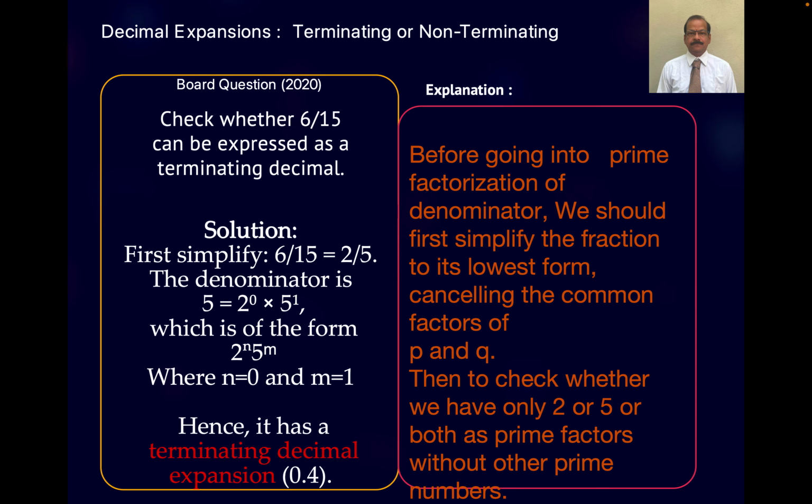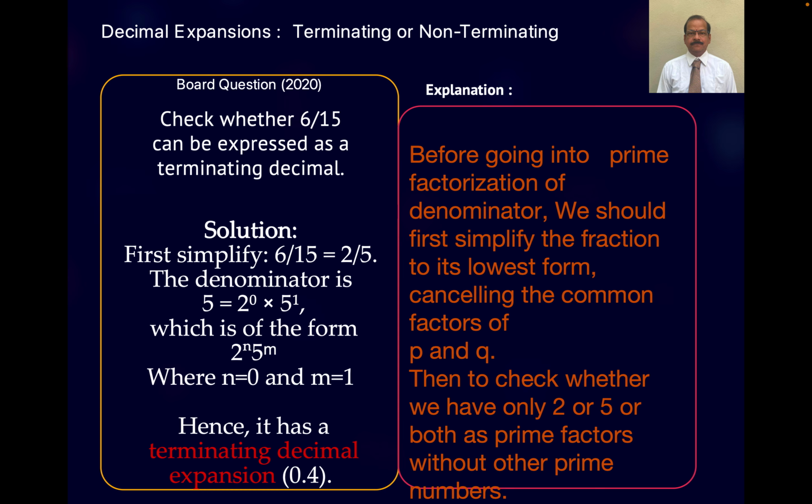Without that, if you try to factorize 15, you will have 3 as a factor, which may give a wrong indication that it is going to be a non-terminating one. But 3 cancels 6 and 15 to reduce it to 2 by 5. Now 5 of course is expressed as 2 power n, 5 power m with n equal to 0 and m equal to 1.